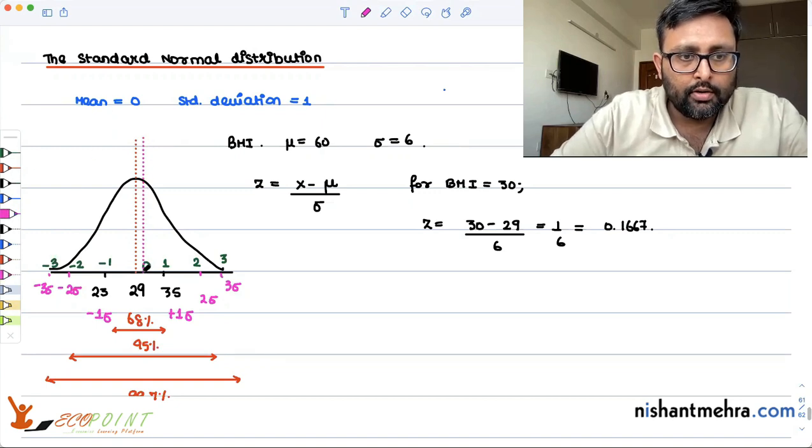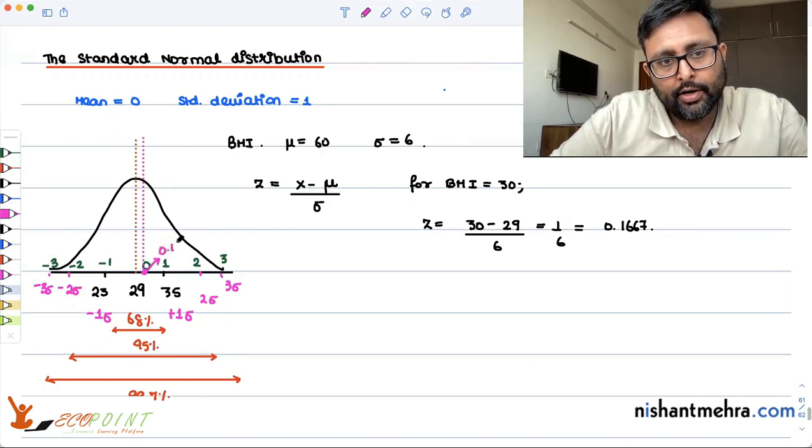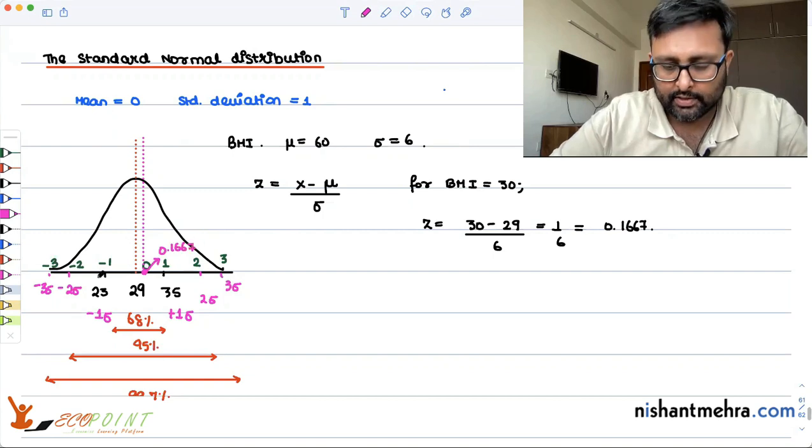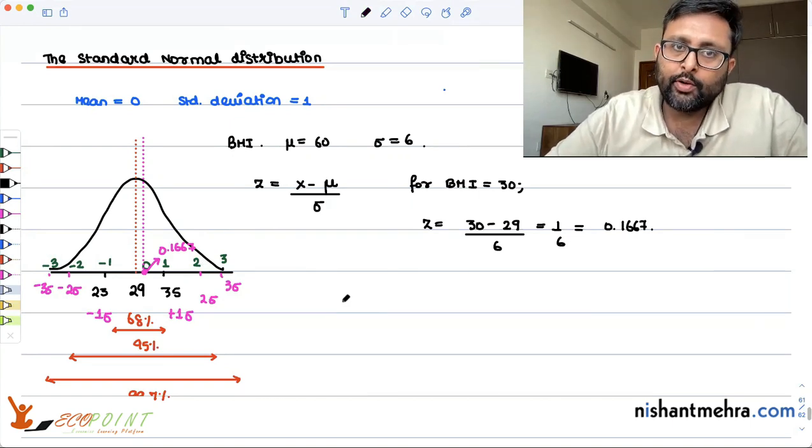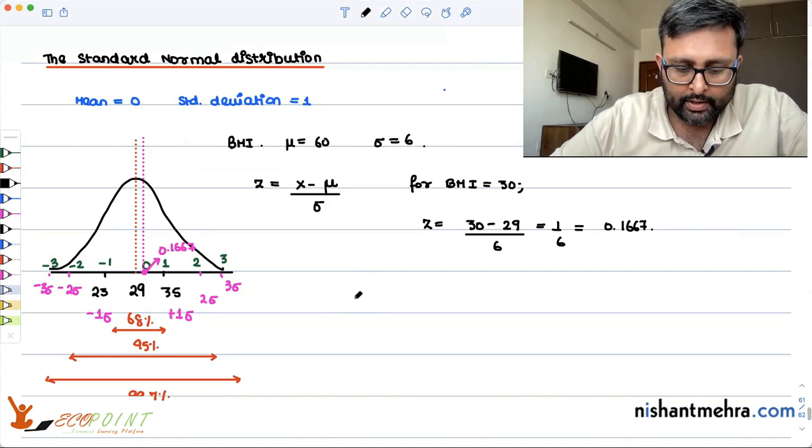This is what 0.1667 is. So if I want to find out what is the probability that a person who is selected at random will have a BMI of less than 30, right?